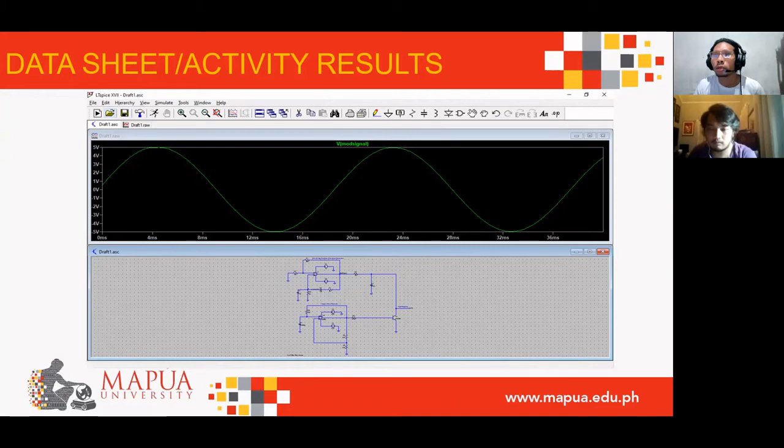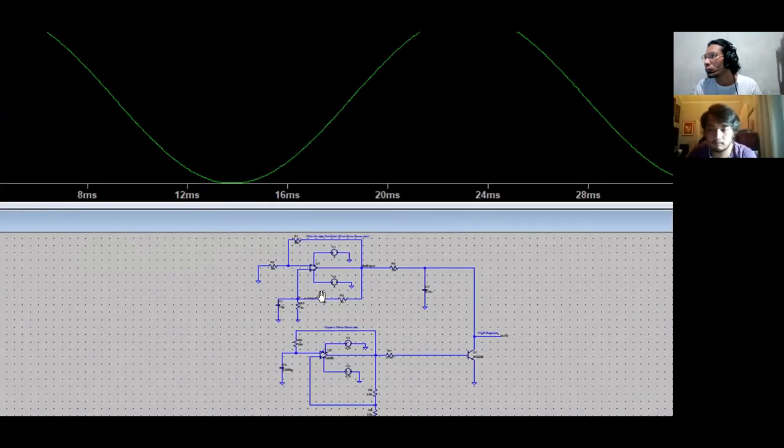The two RC networks consist of the low pass filter and high pass filter or the phase shift network. So you can see in the schematic diagram that the phase shift network is in the lower part of the sine wave generator or the WBO circuit.